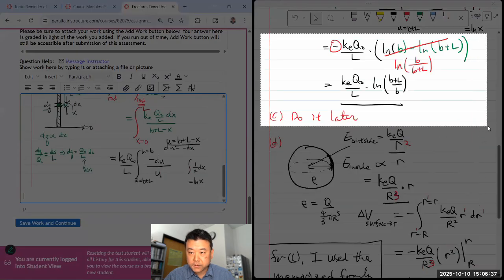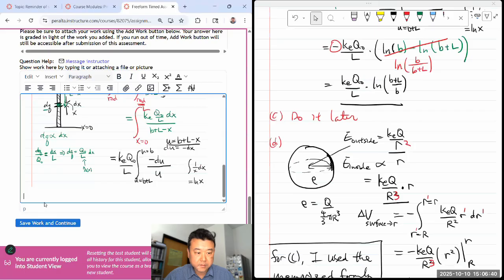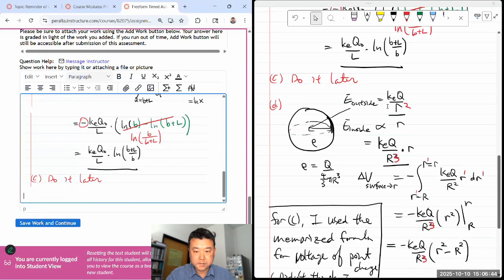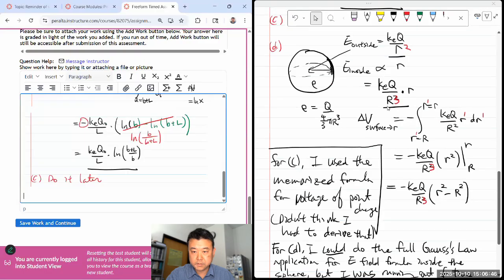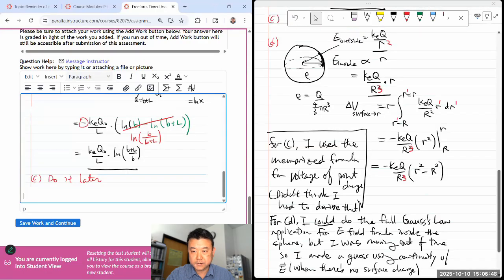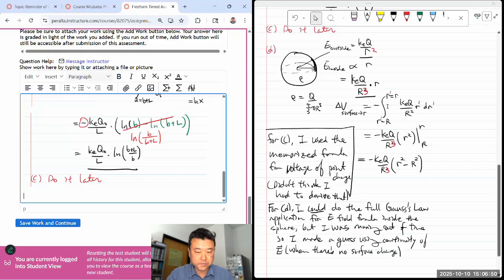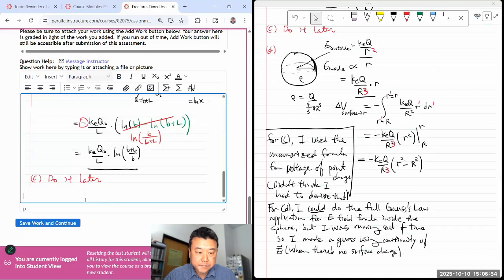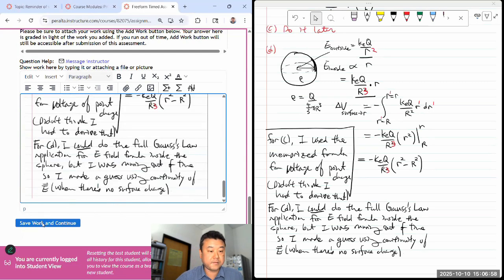How far do I go? I think maybe here. And zoom out a little bit so I can do the whole thing in one screenshot. All right. Save work and submit.